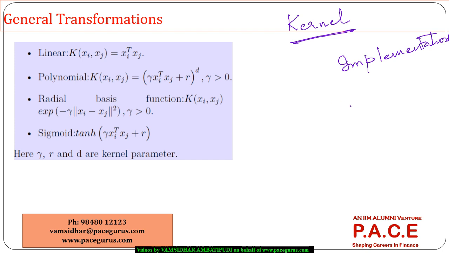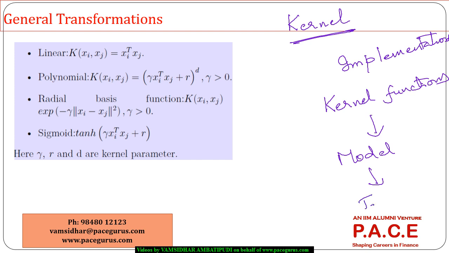From our perspective, we should use as many different kernel functions as possible, and with each of these kernel functions, try to build a model. Once the models are built, evaluate them on the test data, and whichever kernel function has given us the most appropriate result on the test data, we would use for prediction purposes.